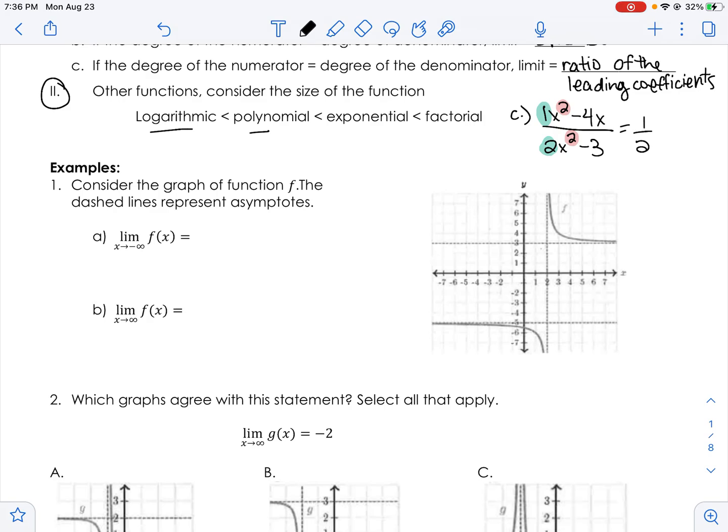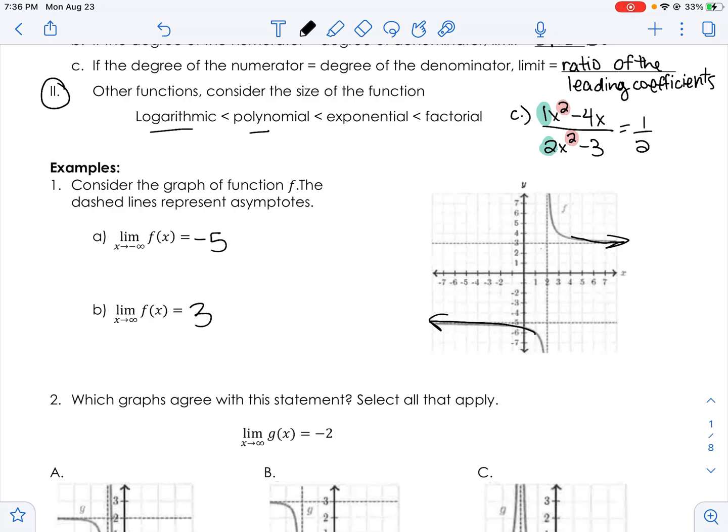As we approach negative infinity, it looks like our graph is approaching that asymptote of -5. As x approaches positive infinity, it looks like we're approaching that asymptote of 3.